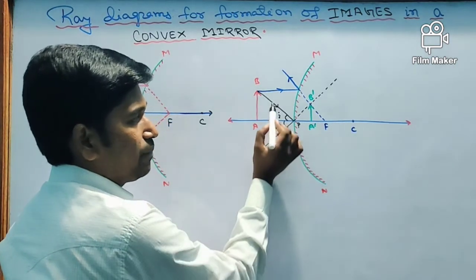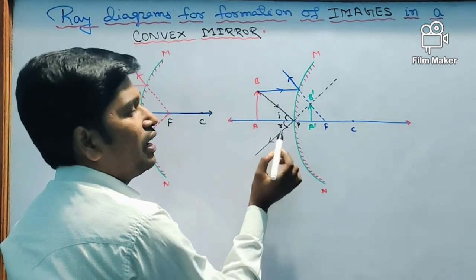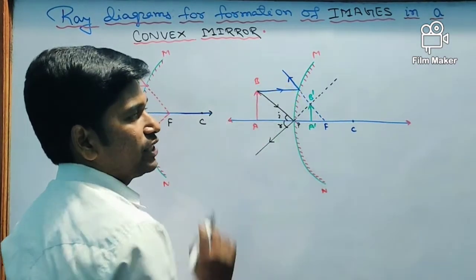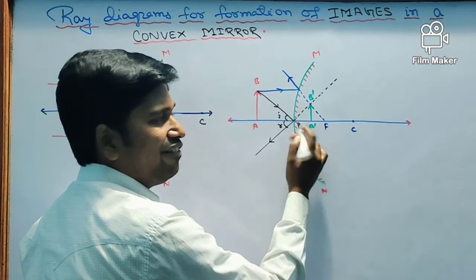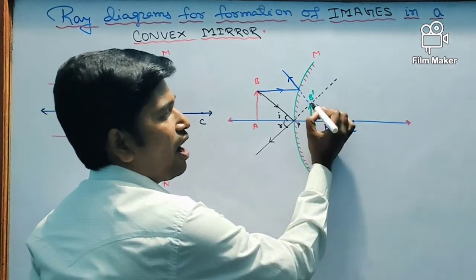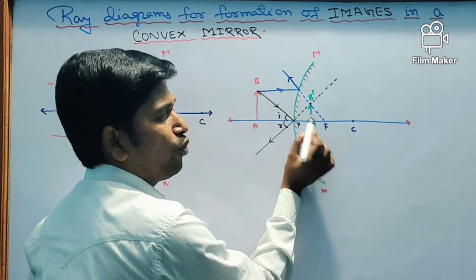At the pole it will be reflected back, and the one parallel to principal axis will be divergent. When we produce the reflected rays in the backward direction, they appear to intersect between pole and focus.